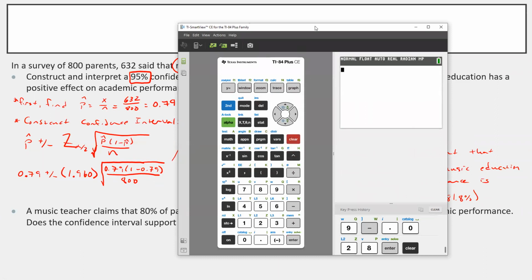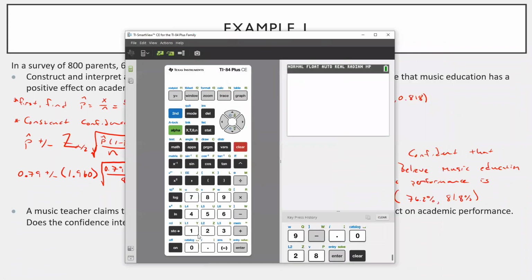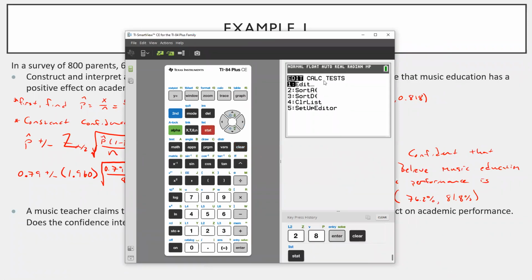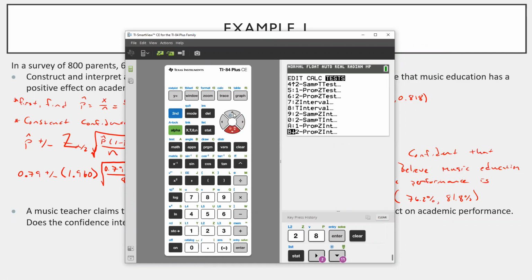All right, so grab your calculator like this. Now everybody hit the stat button. You're going to scroll over to tests. And this is a proportion. So you might think this is the 1-prop z test, but if you scroll down, everybody scroll down on your calculator till you see option A here. Does everybody see in your calculator 1-prop z int?